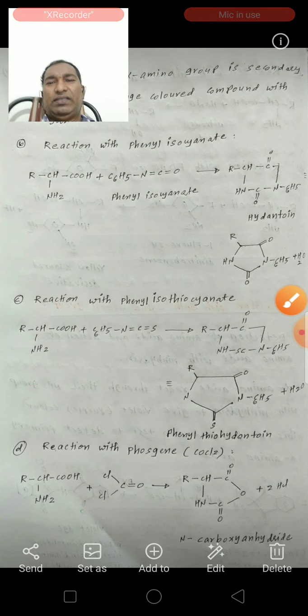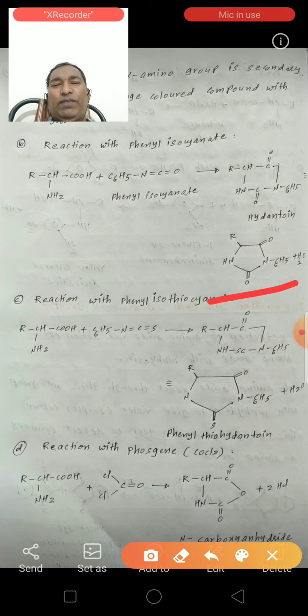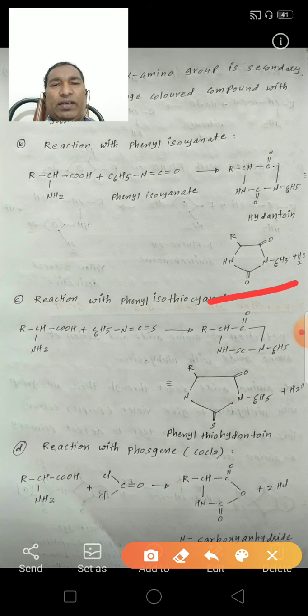In this final product there is no COOH group and NH2 group. So in this reaction, both the NH2 group and the COOH group are involved in the formation of the product.